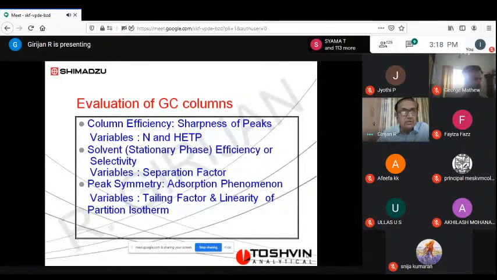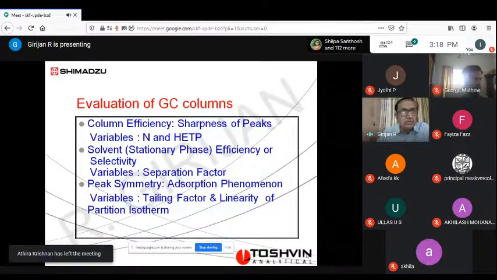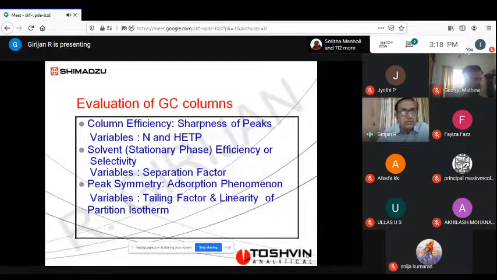So we say, if the N value for a column, that is the number of theoretical plates, capital N, is very high, that means your column is very efficient. Similarly, if the value of HETP is very, very low for a column, then also we say the column is very, very efficient.